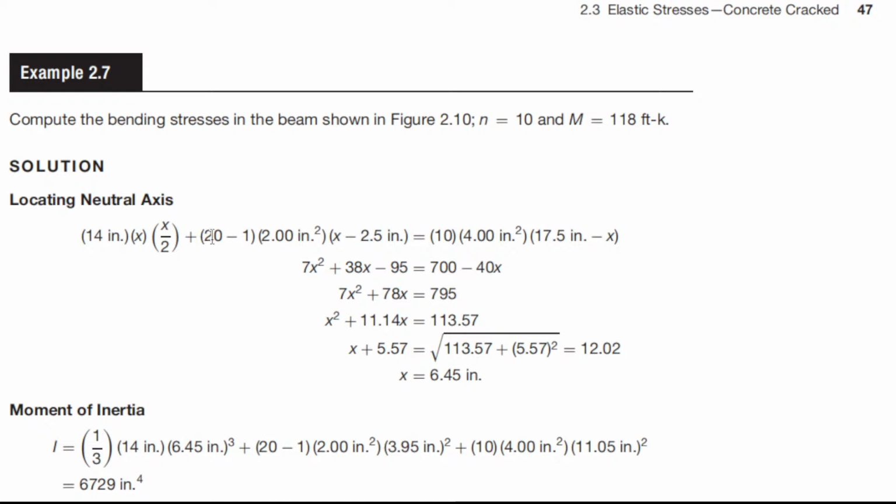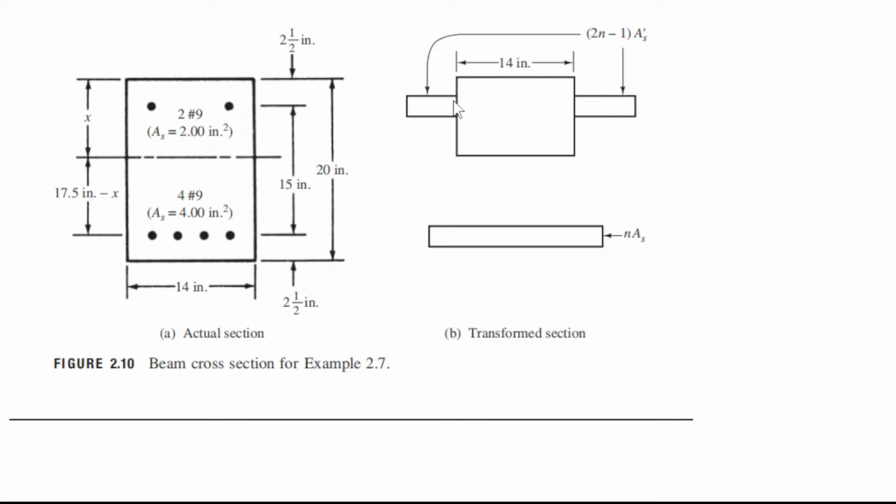Plus A prime times 2n minus 1. What is this? 2n minus 1 is the factor applied to the area of the reinforcement. Times the distance from the neutral axis up to the center of the reinforcement.